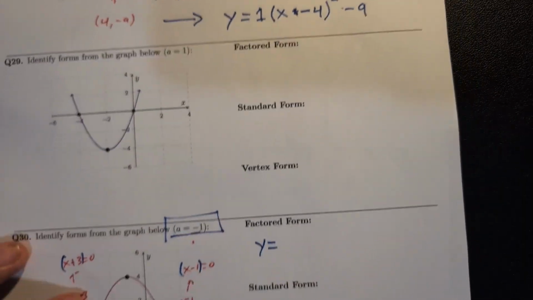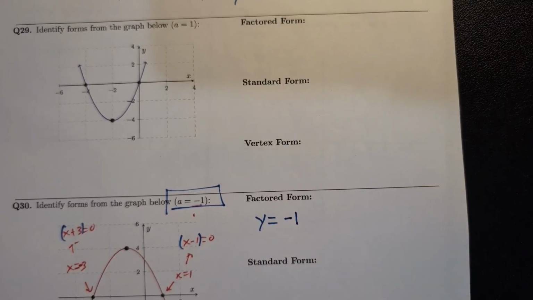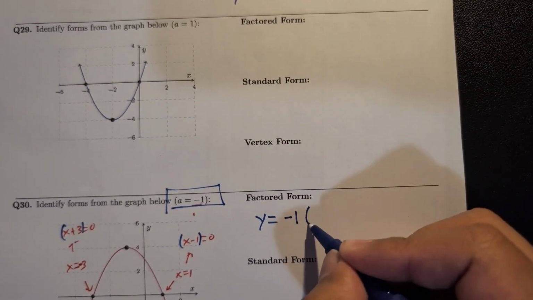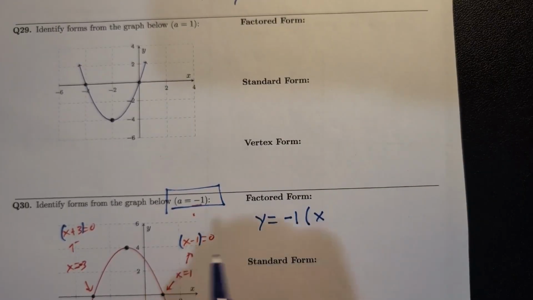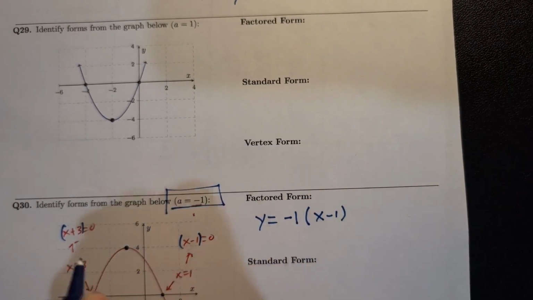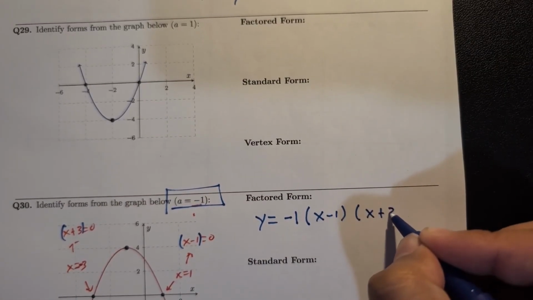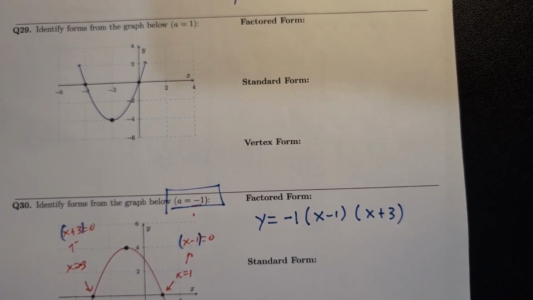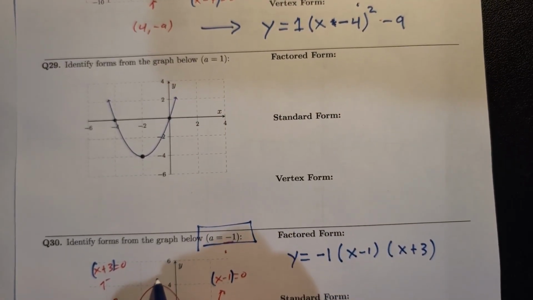For this one, we are going to put a negative 1 in the front, and then we are going to do x minus 1 and x plus 3. That's it.